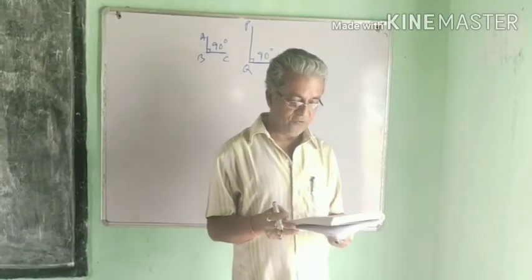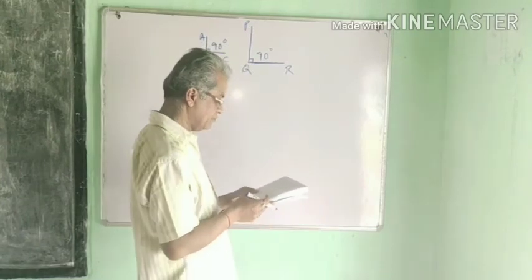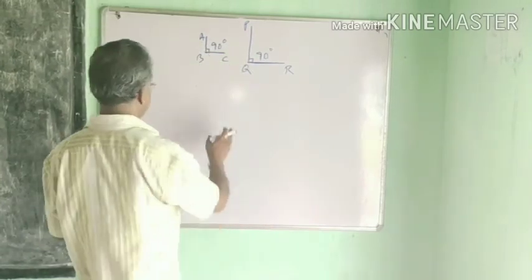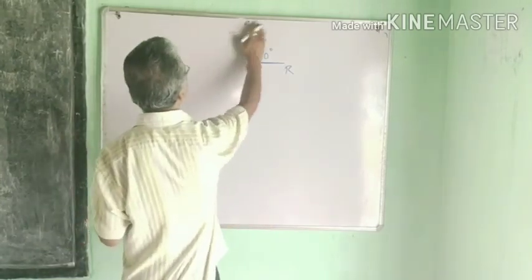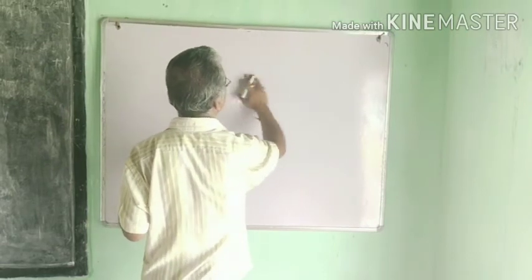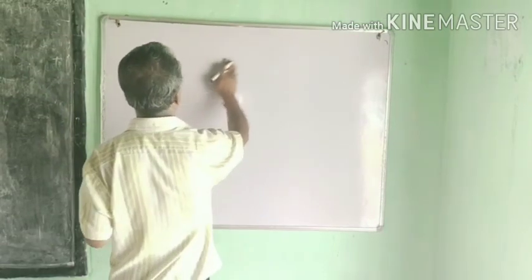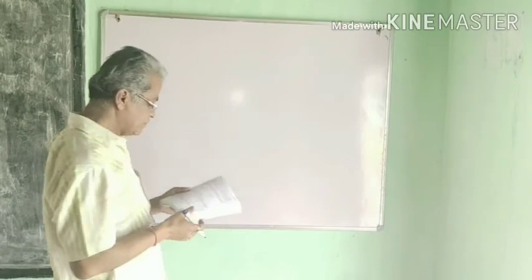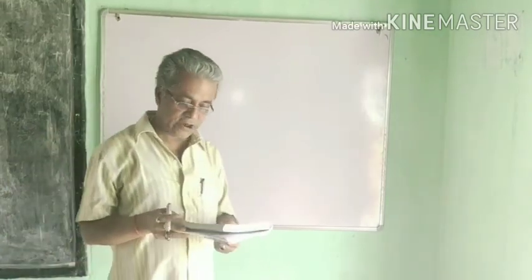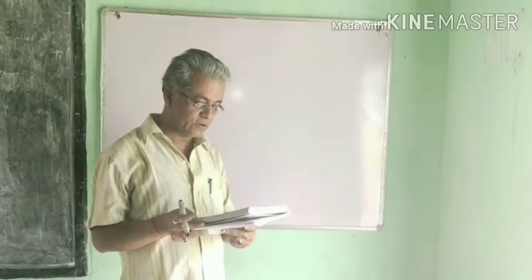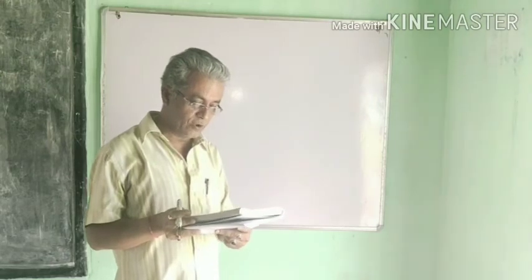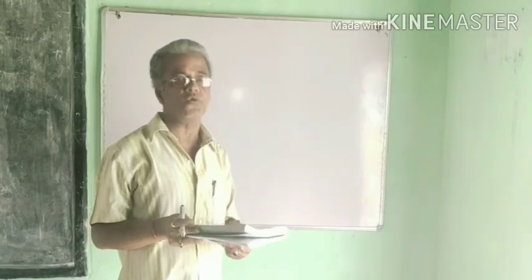If a straight line falling on straight lines makes the interior angles on the same side of it taken together less than 2 right angles.